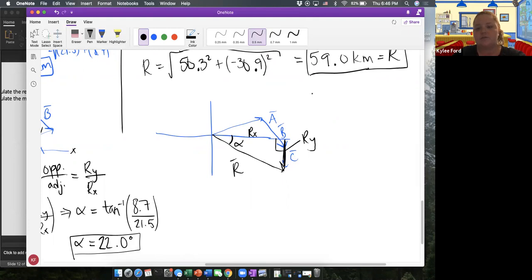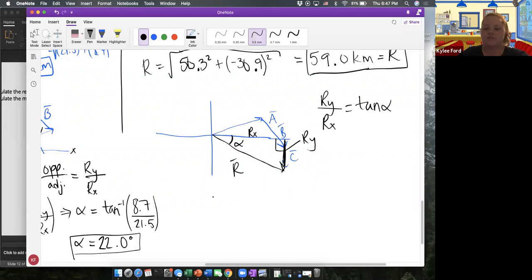So what we'll do is we can do this like we did over here. We have our opposite, RY, divided by our adjacent, RX, because both of those we solved for and we know them. That's going to be tangent of alpha, just like last time.